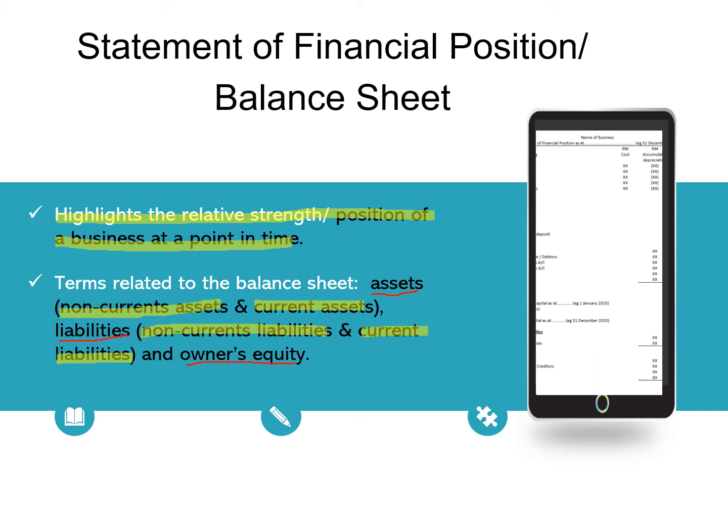As for the owner's equity, it refers to the capital at the beginning of the period, additional capital contributed during the accounting period, and net profit obtained for the period. And if the business made any drawings, then they will be deducted from the amount of the capital to get the owner's equity at the end of the period.